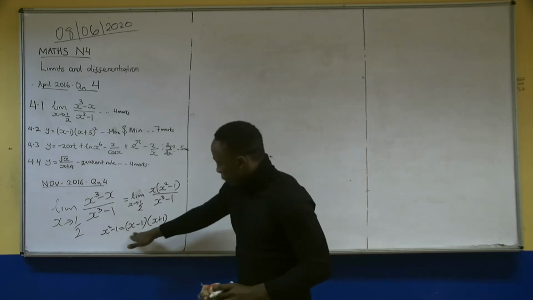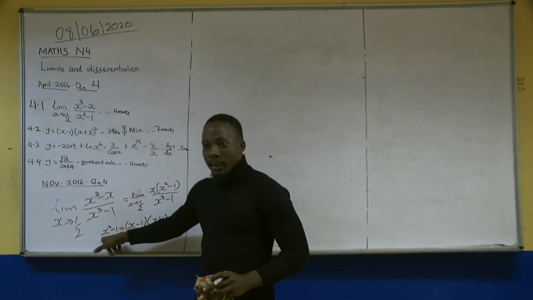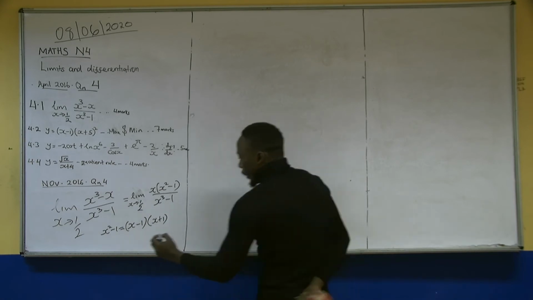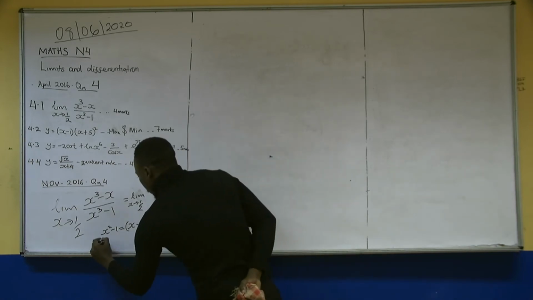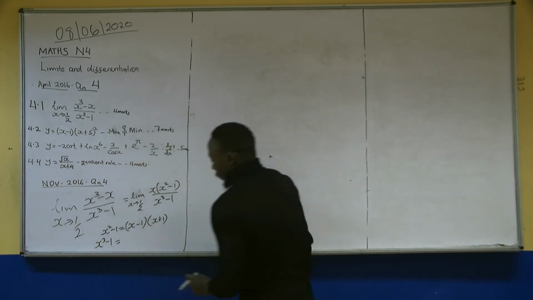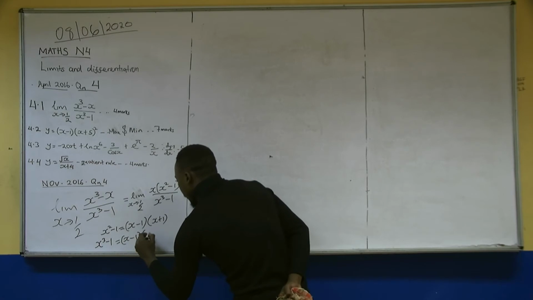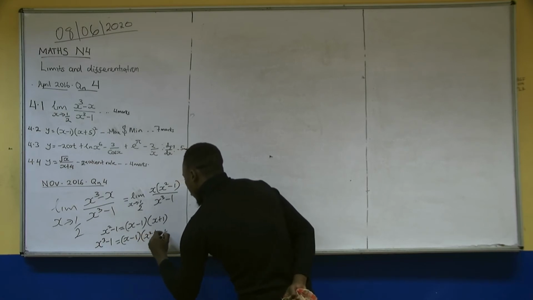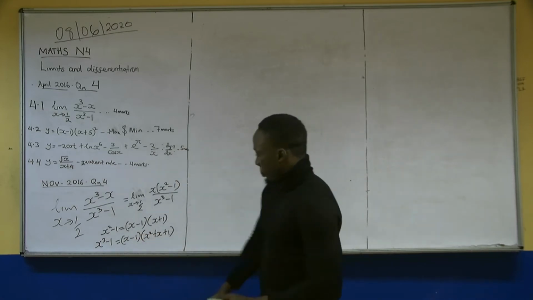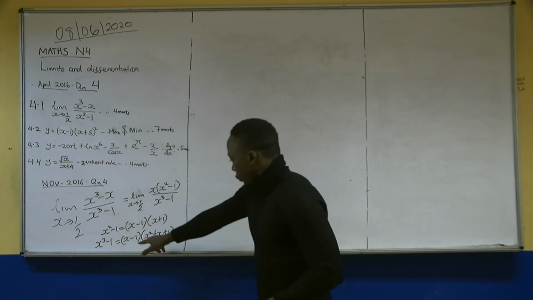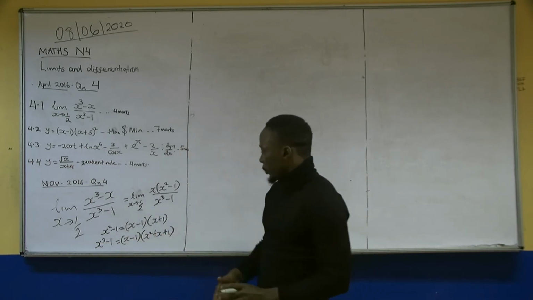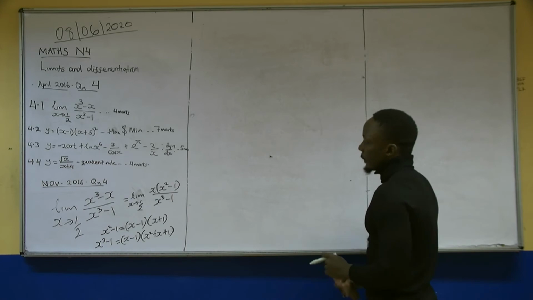So if you remove the brackets, you can go back to x squared minus 1. What about x cubed minus 1? It equals x minus 1 into x squared plus x plus 1.